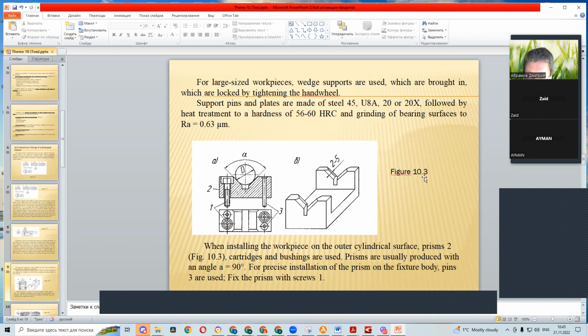Prisms are usually produced with an angle alpha equal to 90 degrees. For precise installation of the prism on the fixture body, pins 3 are used, and screws 1 fix the prism.